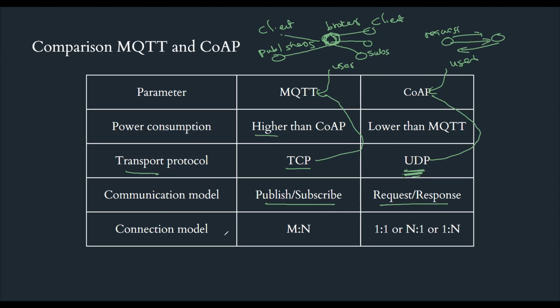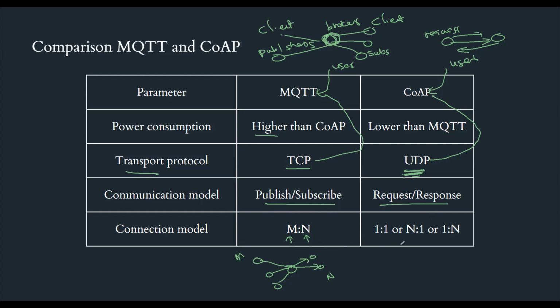Then when we talk about the connection models, we have M2N communication in MQTT. That means any M number of devices can communicate with any N number of devices. So it's a very flexible number. We can add or remove any number of devices, so if we scale the IoT system, we can scale it the way we want.